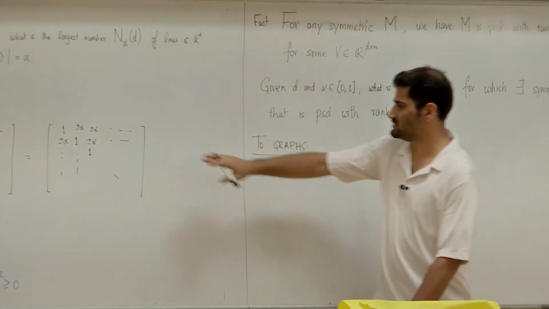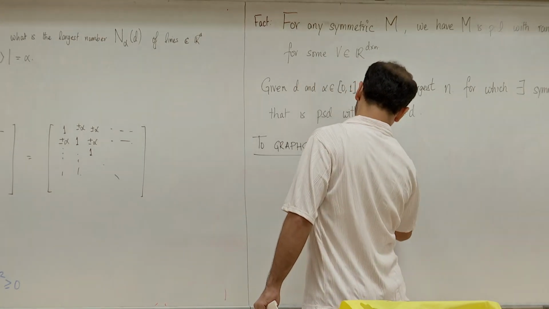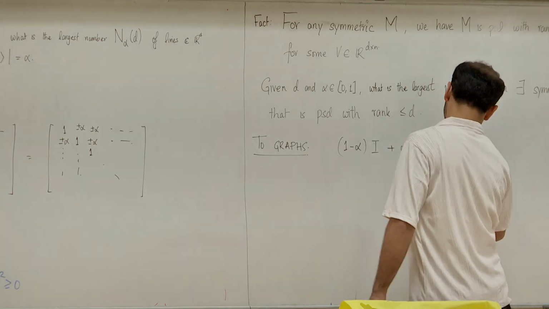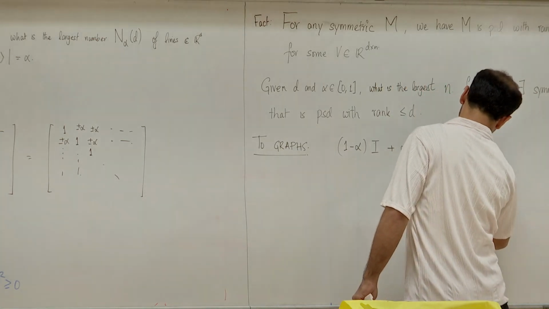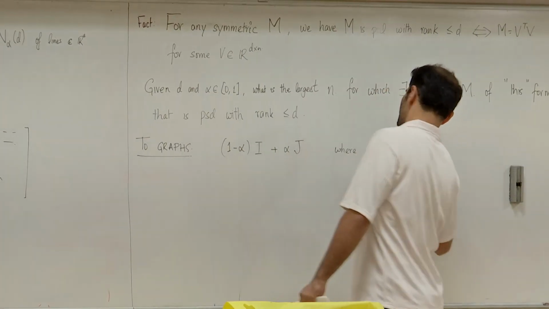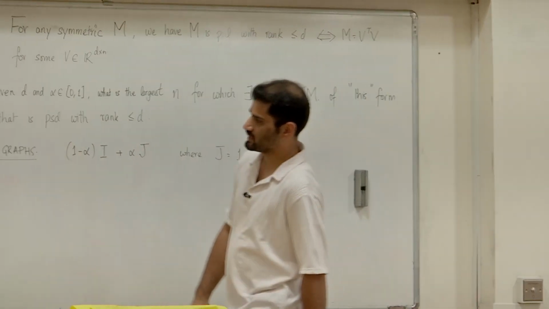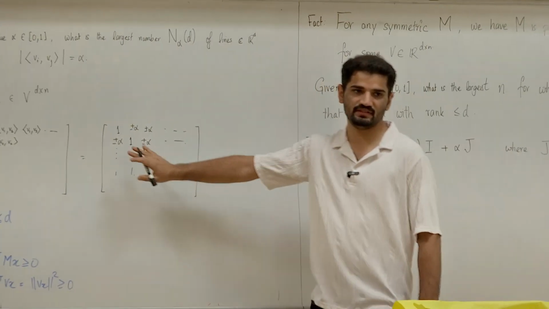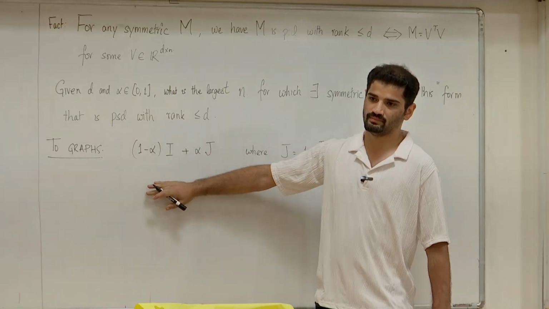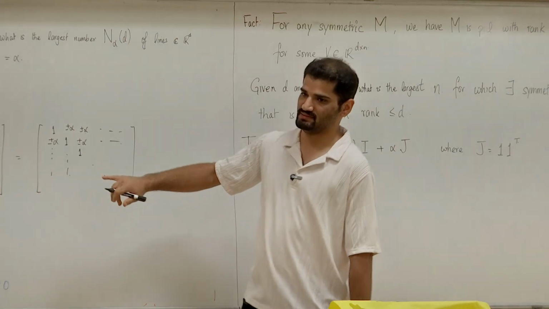Suppose everything was positive, then it would just be I plus alpha J, where I is the identity and J is equal to 1 times 1 transpose, the all ones matrix. So if you did not have the signs, if everything was alpha, then I'm just saying a matrix of this form. This is quite close, except that you have some signs.